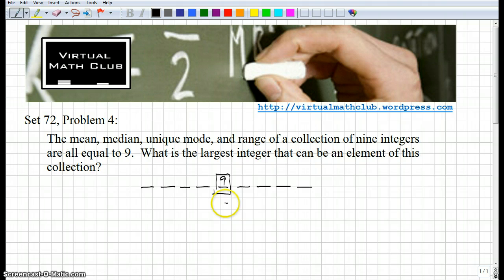And then we know that the mean is also 9. So we know that if we were to take the sum of these 9 values and divide by 9, we would get 9, right? So the sum of the numbers has to be 9 times 9, which is 81. Okay, so that'll help us out too.